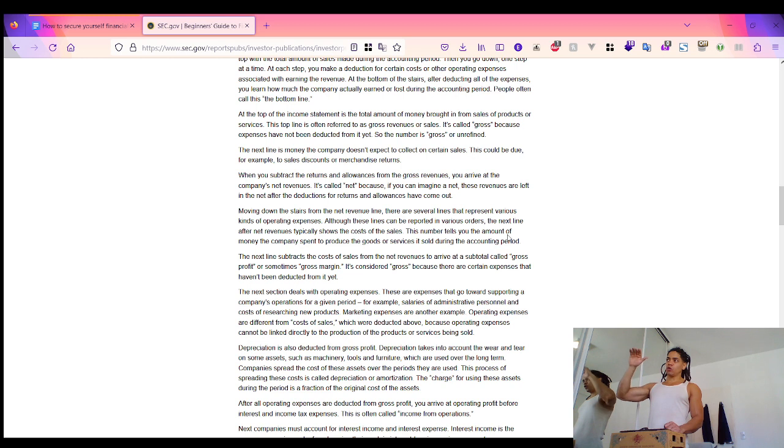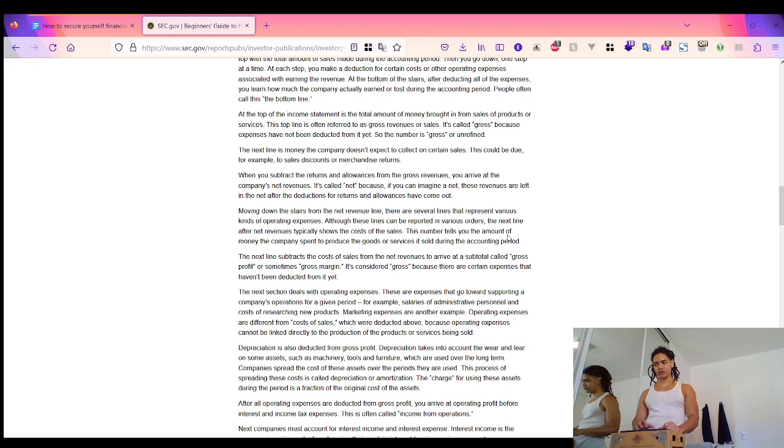So once you move down the stairs from net revenue, there are several lines that represent various types of operating expenses, and most of the time the next line after the net revenue is the cost of sales.